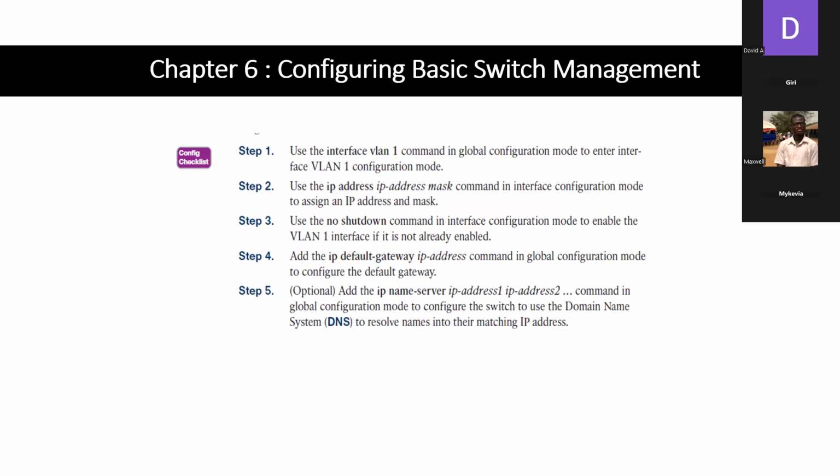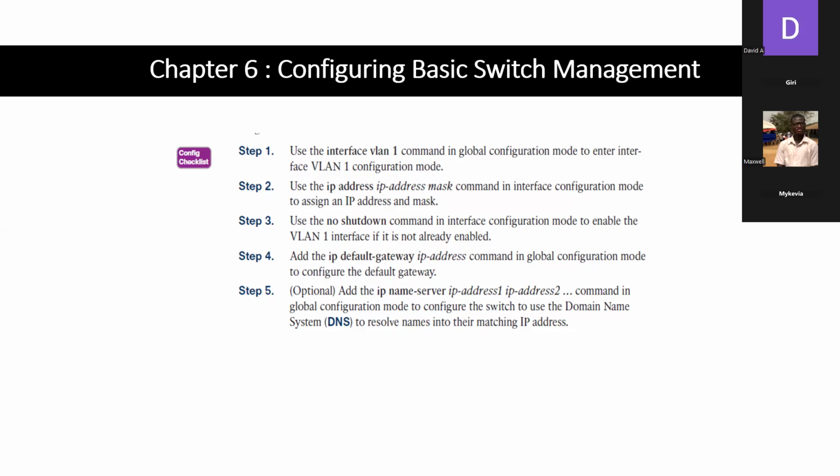We would also use the no shutdown command in interface configuration mode to enable the VLAN 1 interface if it's not already enabled. Then we can stay within interface configuration mode and add the IP default gateway, IP address command. We can put that in there.